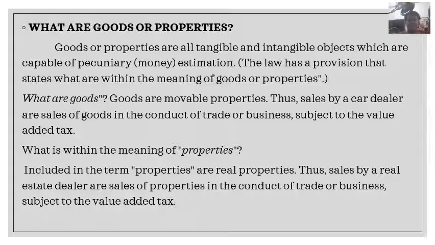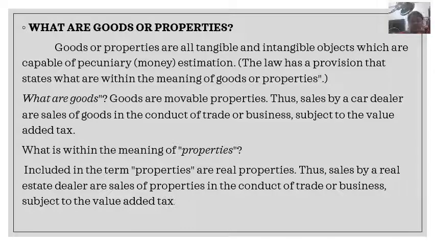So, what are goods? Goods are movable properties. Thus, sales by a car dealer are sales of goods in the conduct of trade or business subject to value added tax. So, pag goods, movable properties, what's within the meaning of properties? The term properties are real properties.